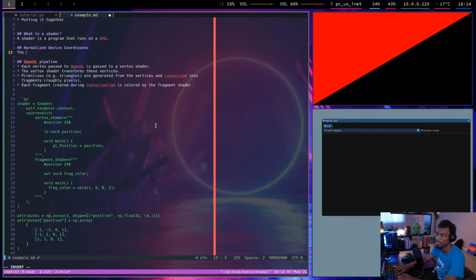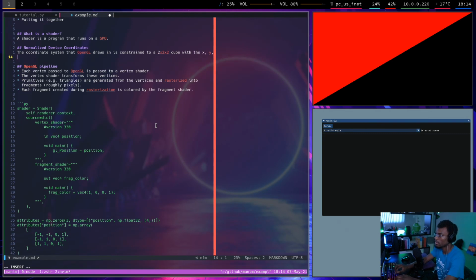The coordinate system that OpenGL uses, OpenGL draws in, is constrained to a 2 by 2 by 2 cube with the x, y, and z axes ranging from -1 to +1.